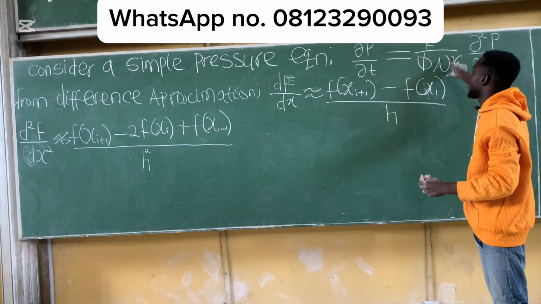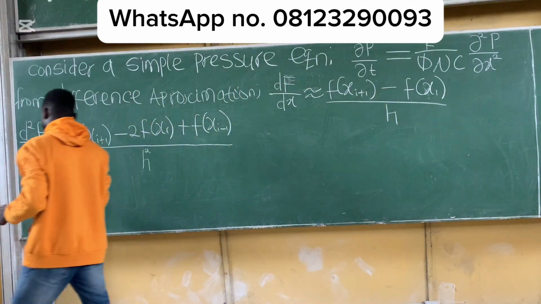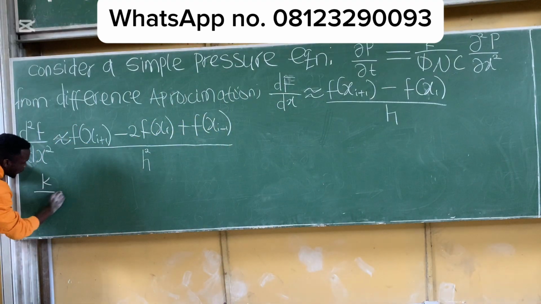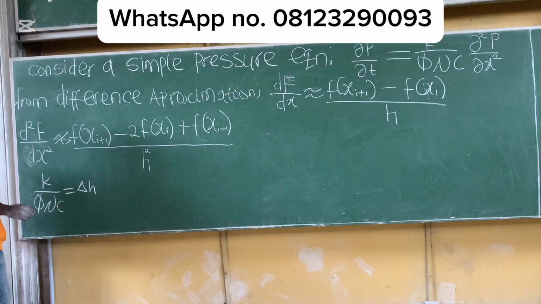Let's replace K over phi mu by delta H. So we can simply say that K divided by phi mu C is equal to delta H, which is the diffusivity constant.